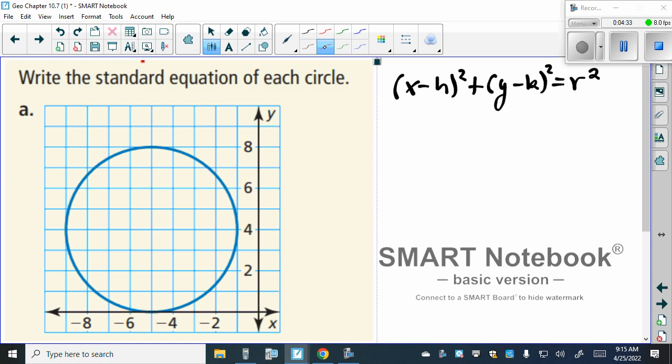Now the first thing we need to find is the center, and then we need to find the radius to be able to get our formula, the standard equation of this circle. Where do we think the center is? Negative 5, 4. Right here.